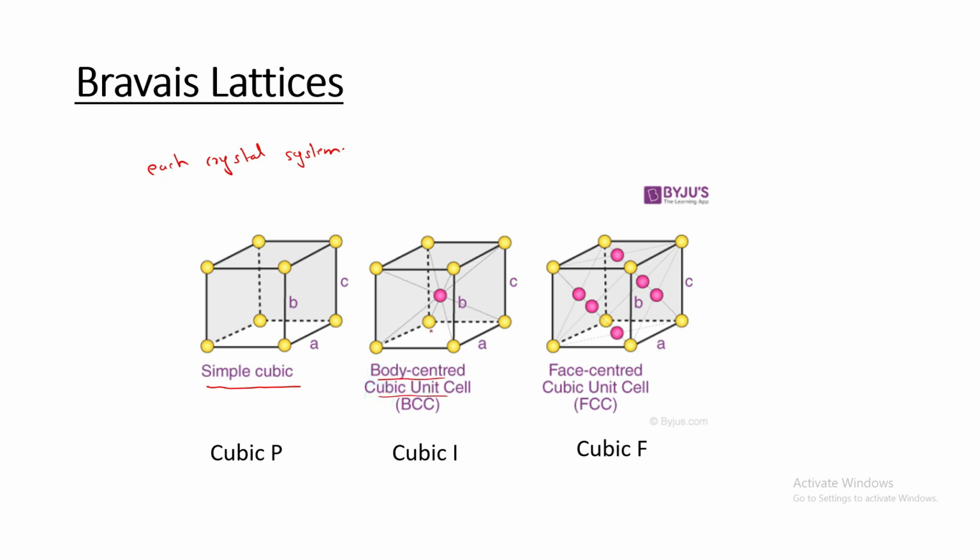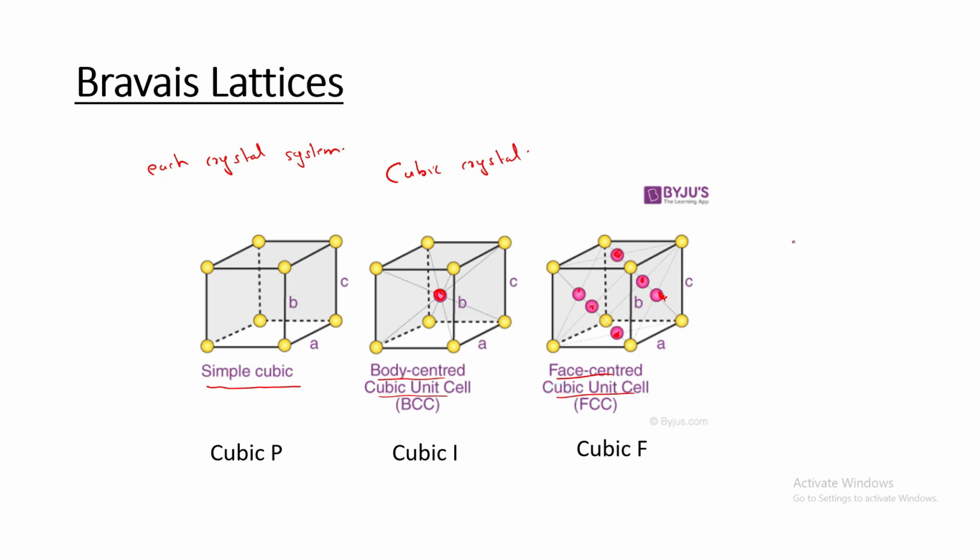That means there is an atom in the middle of this cubic crystal. And then you can also have the atoms at the faces. So this is called a face centered cubic unit cell.